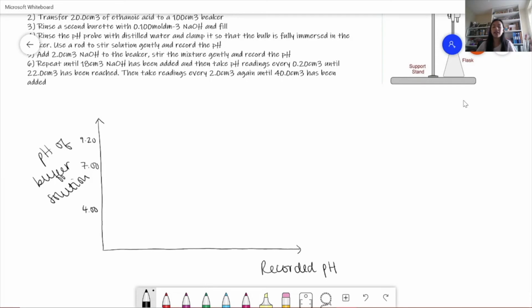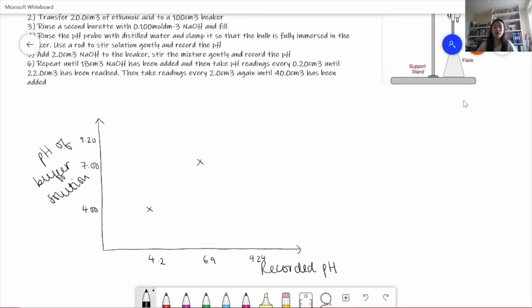So at 4, the recorded pH might not be 4 exactly. It could be, let's say, 4.2. So then we would mark on the value of it. So we would plot that. And then for 7, maybe it was 6.9. So then we would plot that. And then for 9.2, maybe it was 9.24.